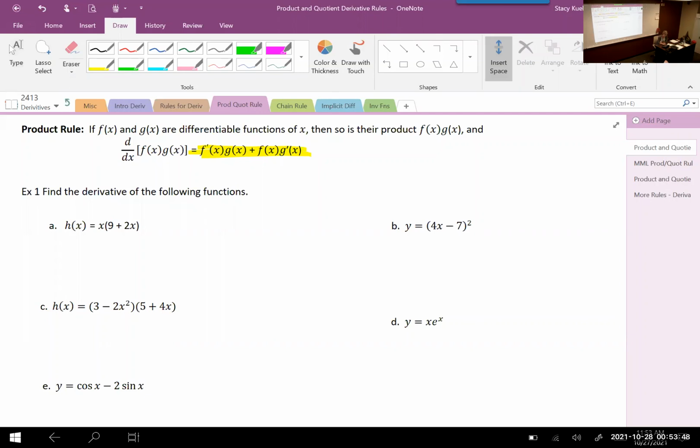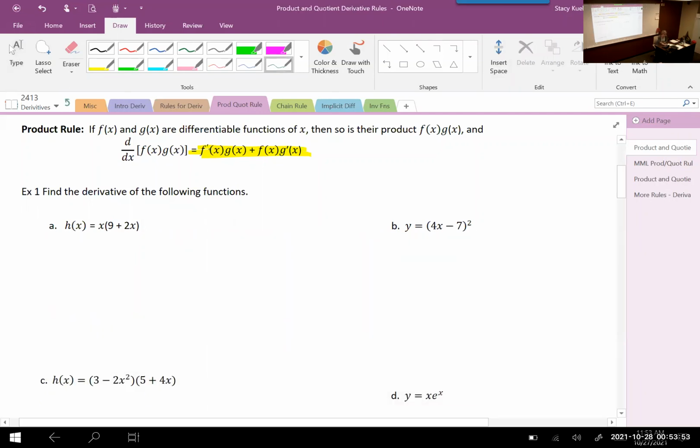In this product rule, we need to know the function as well as its derivative for both f and g in order to apply it.